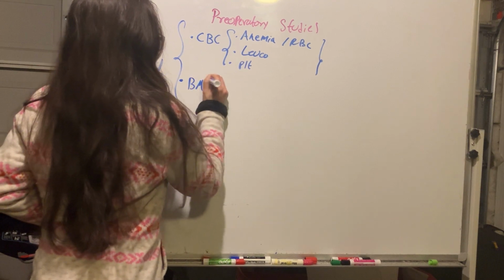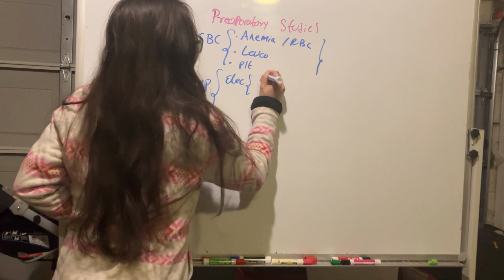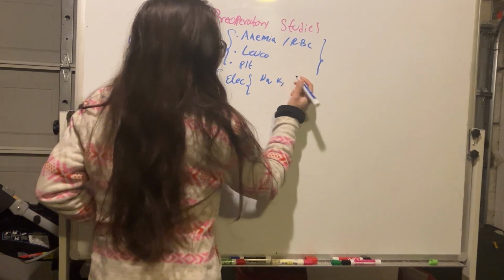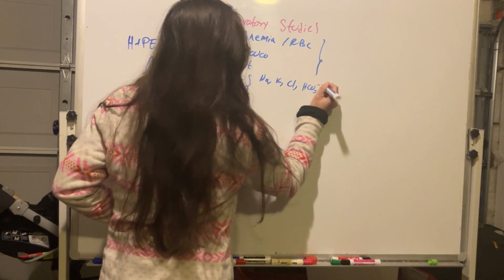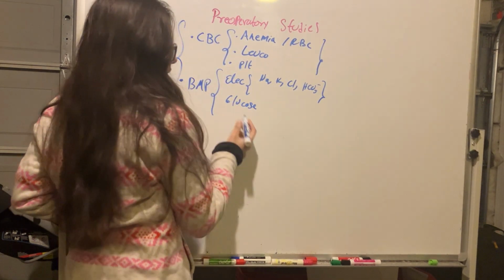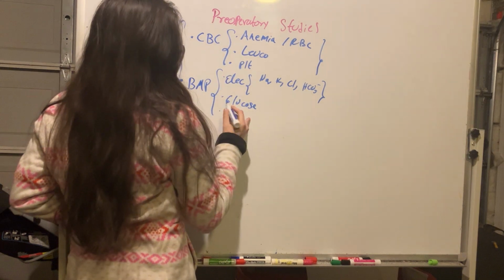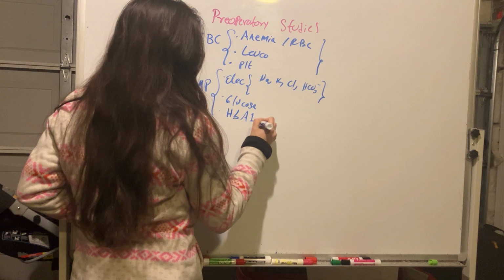basic metabolic panel, which will include electrolytes: sodium, potassium, chloride, bicarbonate, glucose. If the patient has diabetes, we will ask for glycosylated hemoglobin.